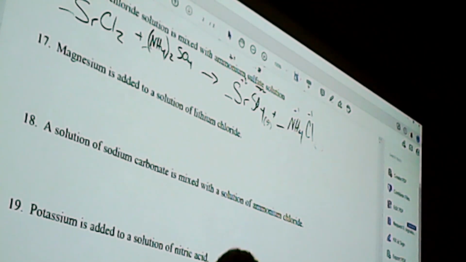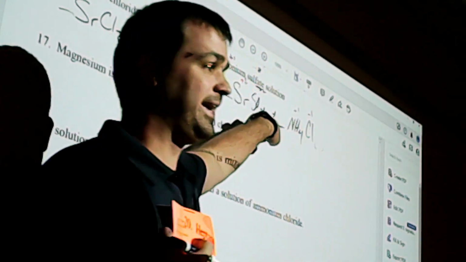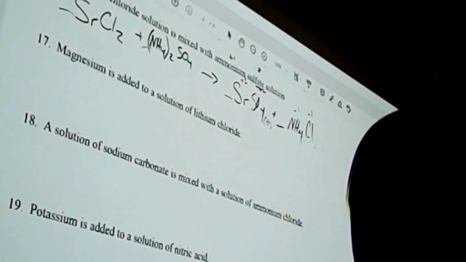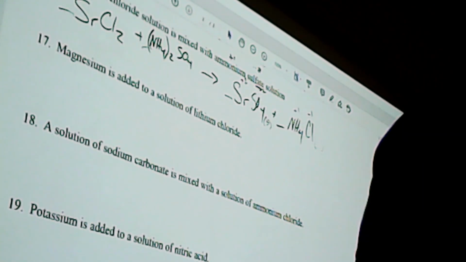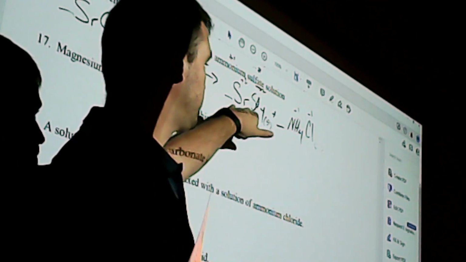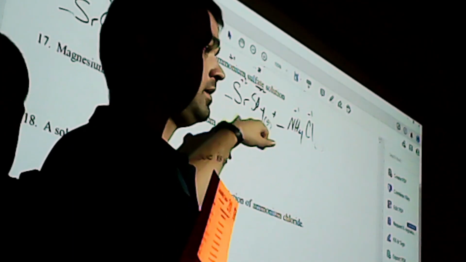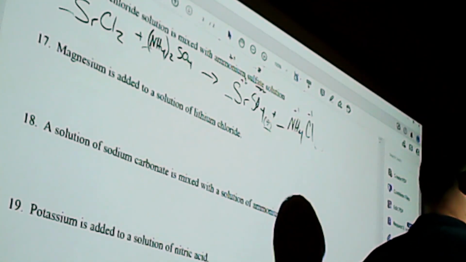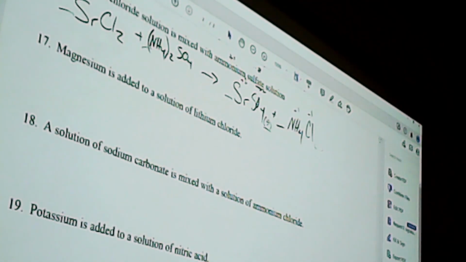If you forgot how to use a solubility chart, go look at it. Look at your anions, sulfates. Sulfates are always soluble unless they're paired with one of those exceptions. Is strontium an exception? Yes, it is. So that turns into a solid. Question?